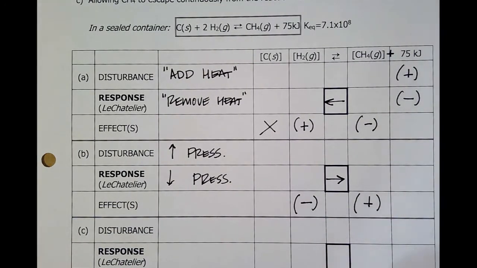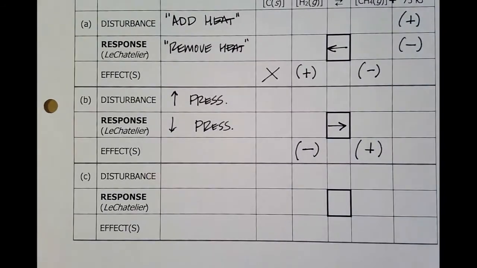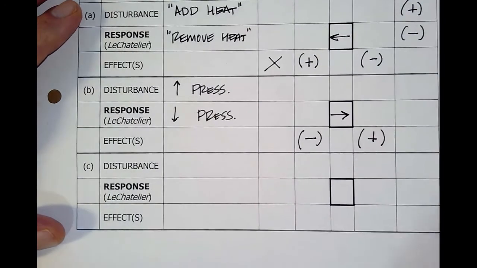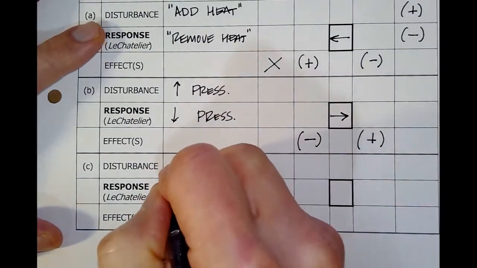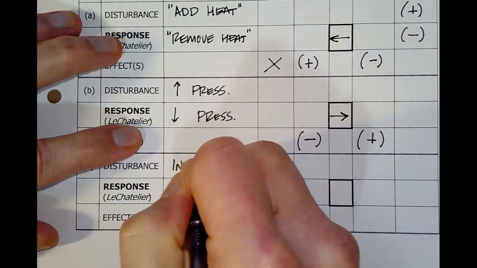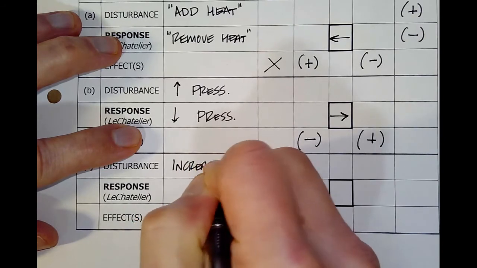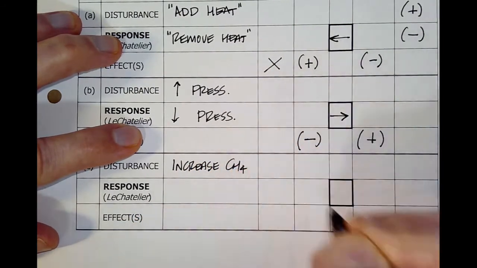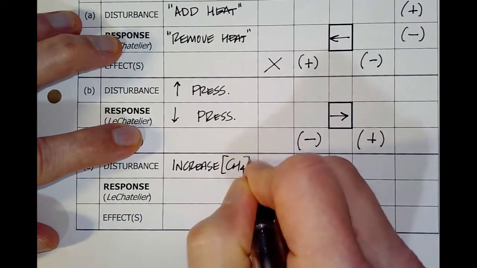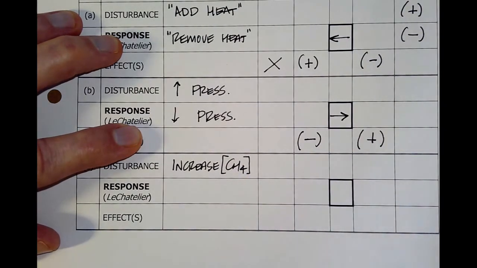The last one here is pretty explicit. It says the disturbance is increase the amount of CH4. And really, in a sealed vessel, if I put more in, I've increased the concentration.